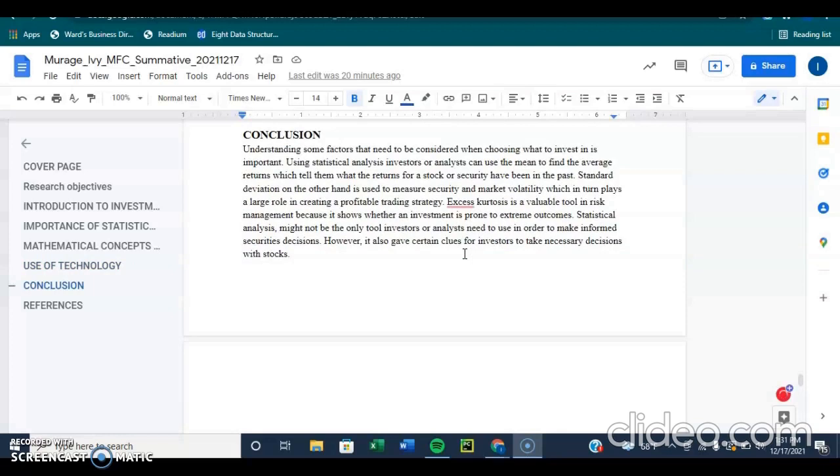Statistical analysis might not be the only tool investors or analysts need in order to make informed decisions or to better understand other factors. However, it gives a clue for investors to make necessary decisions with the stocks that they are working with.